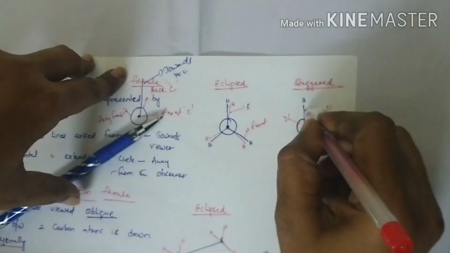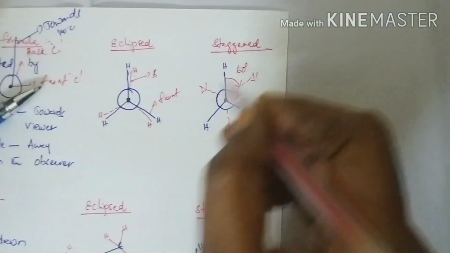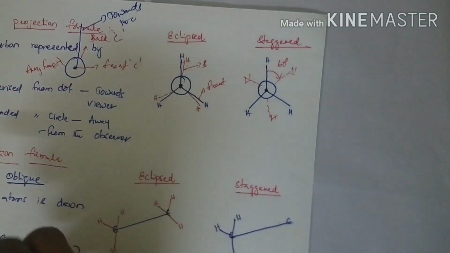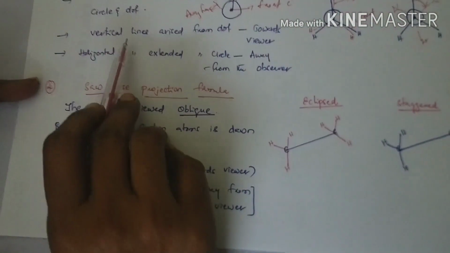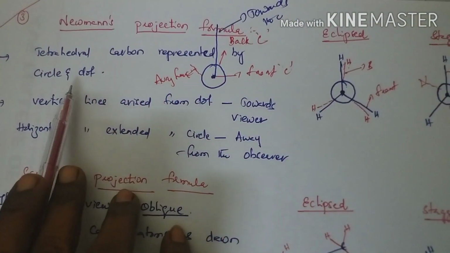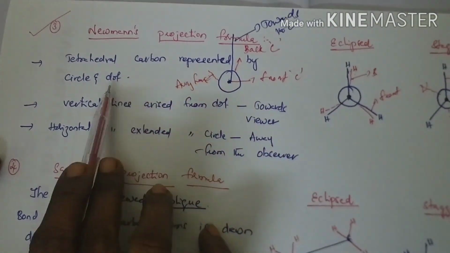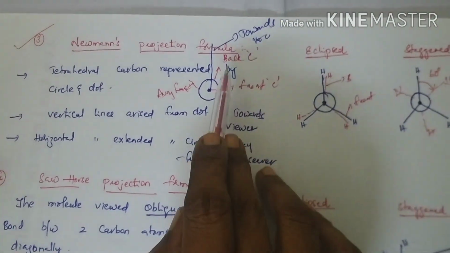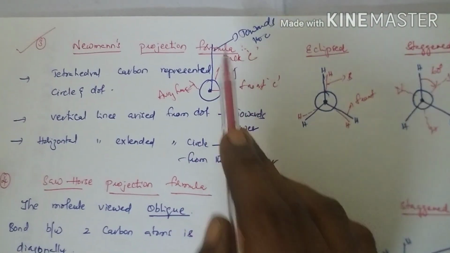Of the four methods, the most important and applicable method is Newman's projection formula. Here the tetrahedral carbon is represented by a circle and a dot. Usually the dot is the front carbon and the circle is the back carbon.